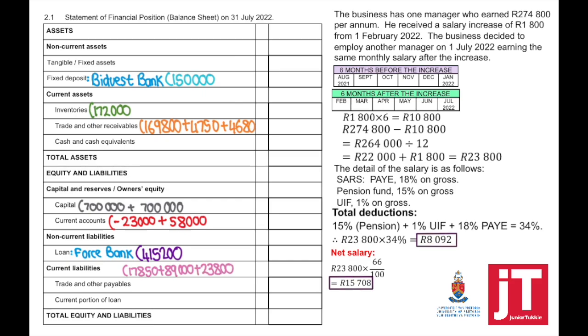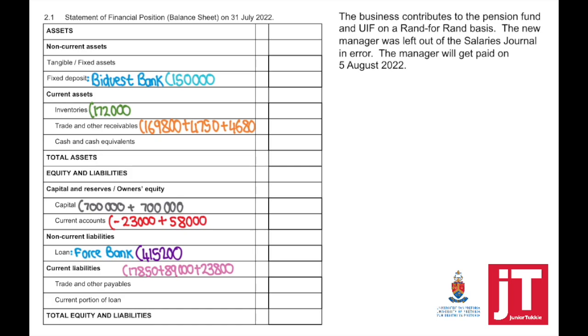This means for trade and other payables, we're going to take the net salary, 15,708, plus the deductions, 8,092, that equals 23,800. You could have written it separately as well. It gives you exactly the same answer. Do not forget to add the next part.